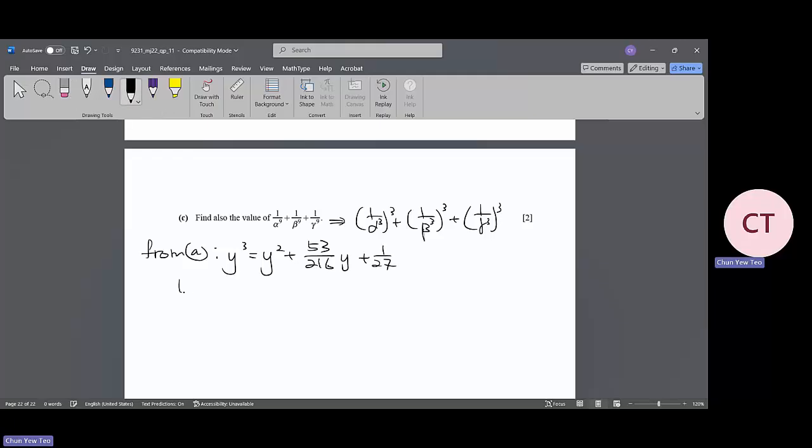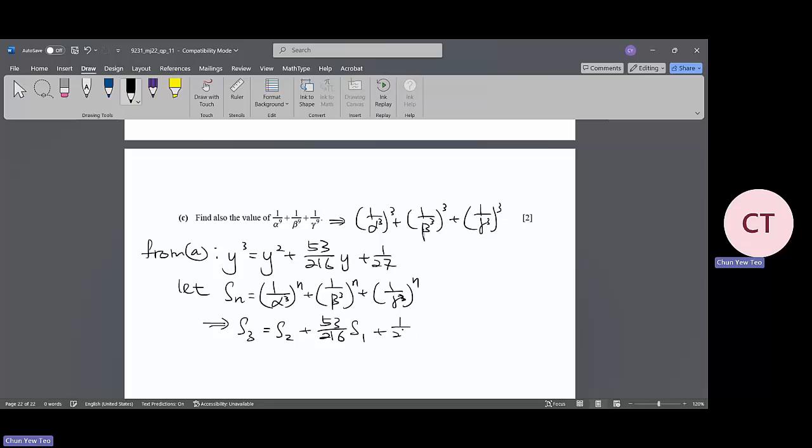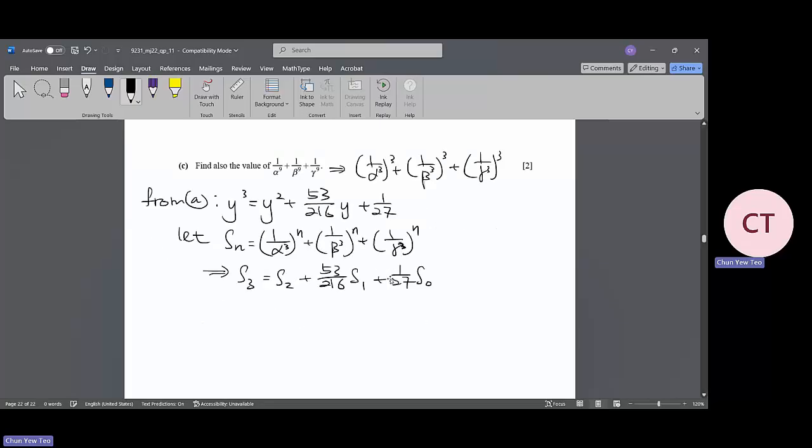Okay, so we let Sn be equal to 1 over alpha cube power n plus 1 over beta cube power n plus 1 over gamma cube power n. So from here, we will get S3 equal to S2 plus 53 over 216 S1 plus 1 over 27 S0.